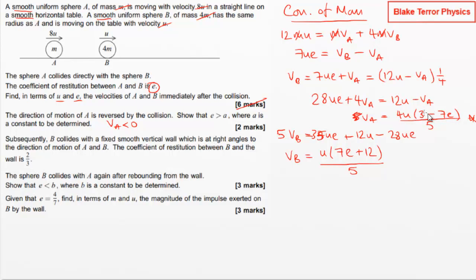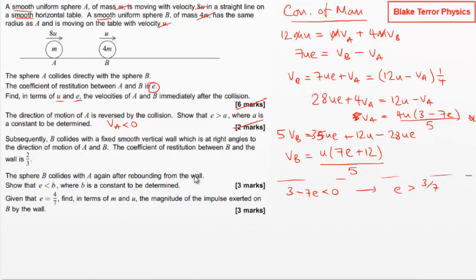The only thing that can make this negative is if 3 minus 7E is less than 0. So we need 3 minus 7E less than 0. So E is going to have to be greater than 3 over 7. E has to be greater than 3 over 7.